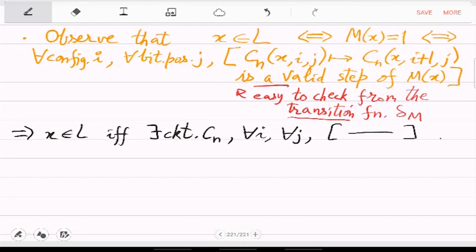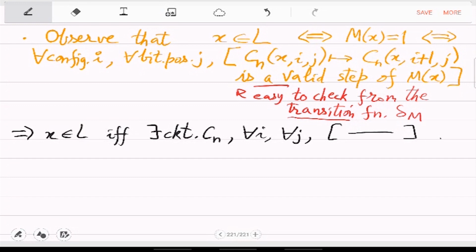So if x is a yes string, there will exist a circuit such that for all the configurations, which are exponentially many, and for all the bits in the configurations, which is also exponentially many, if you do a check, then the check matches. Okay, and since the check matches, that is what M would be doing identically.